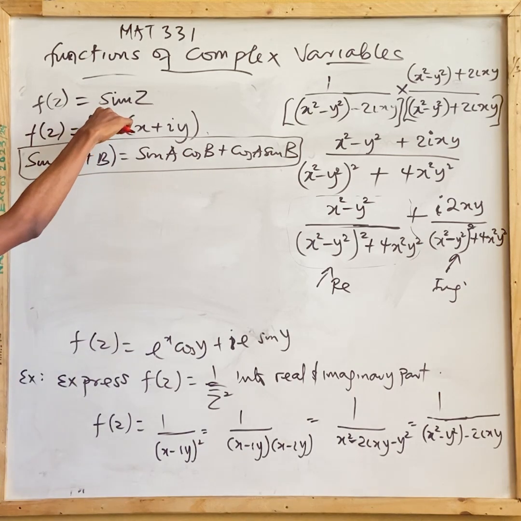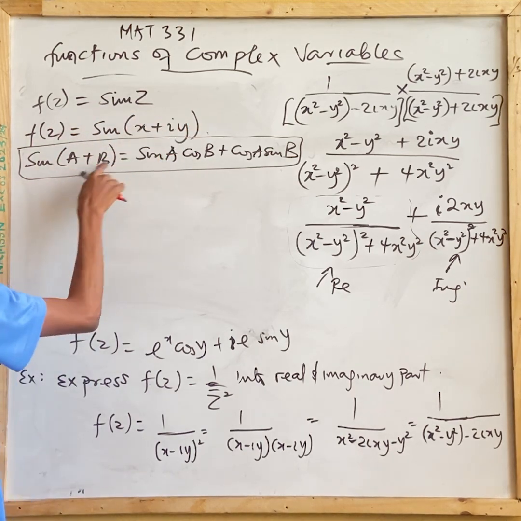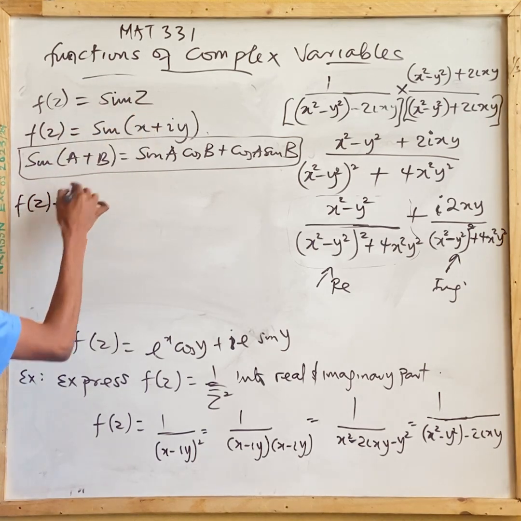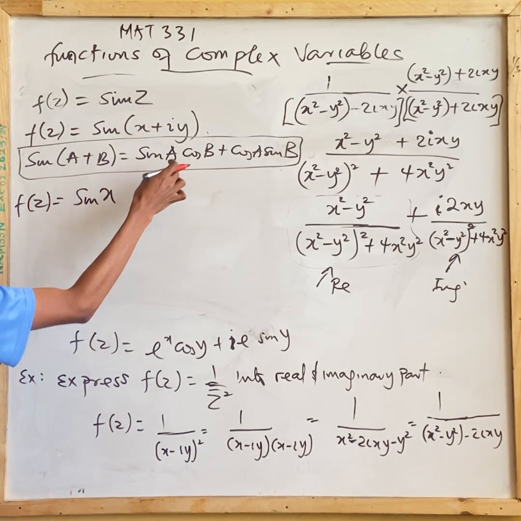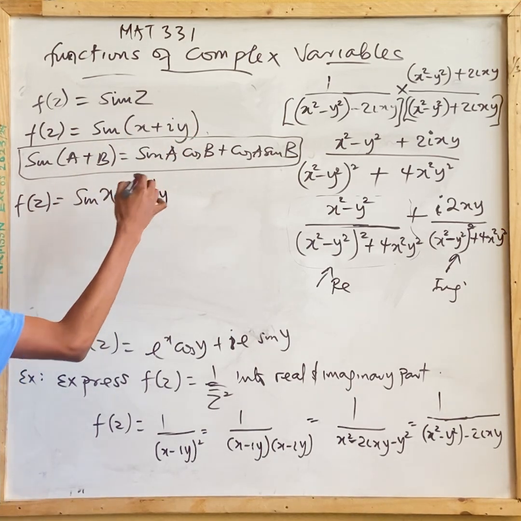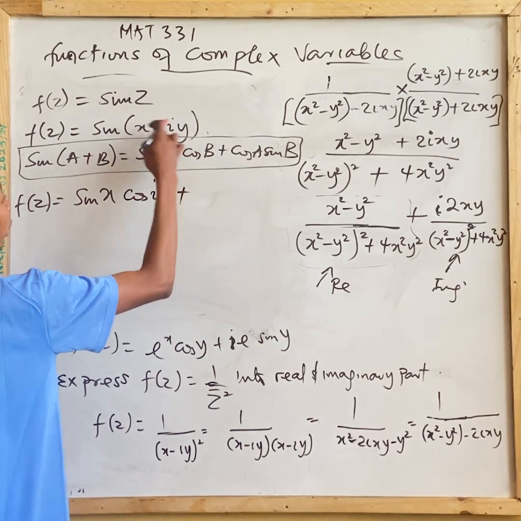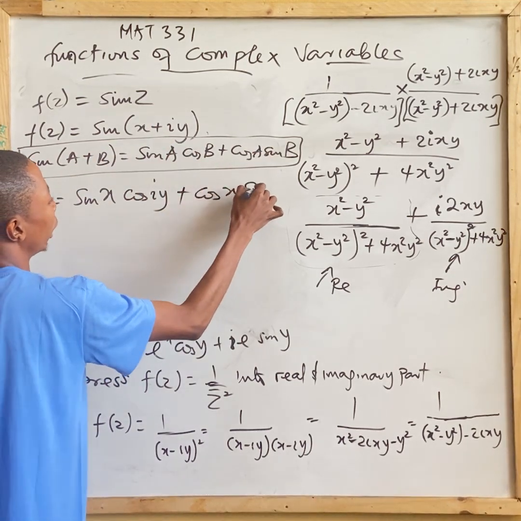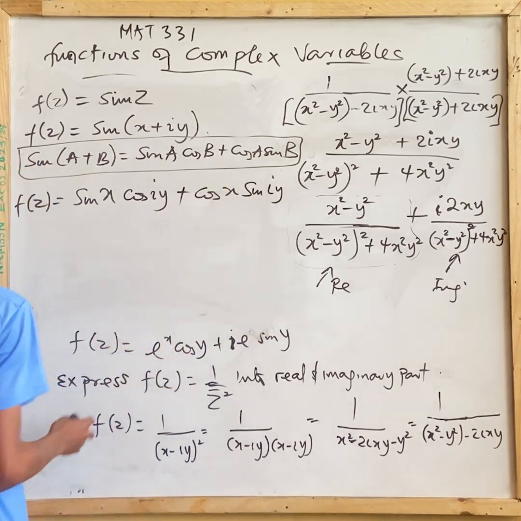I now want to expand sine of x plus iy using this identity. So f of z equals sine a, that's sine x, cos b, that's cos iy, plus cos a, that's cos x, sine b, sine iy.